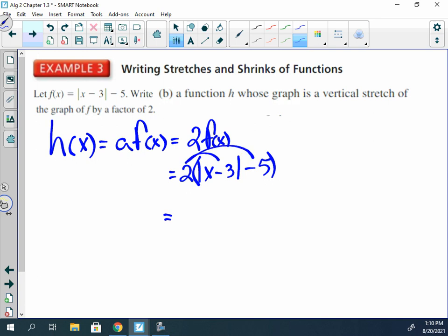But we need to distribute the 2 to multiply by everything that's a part of the function inside the parentheses. So we'll multiply 2 by the absolute value, which will give us 2 times the absolute value of x minus 3, and 2 times negative 5 would be negative 10.